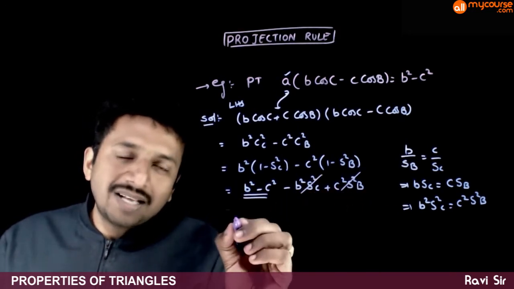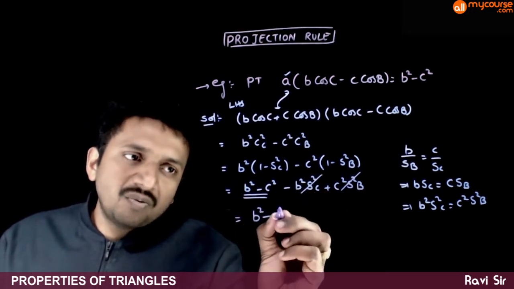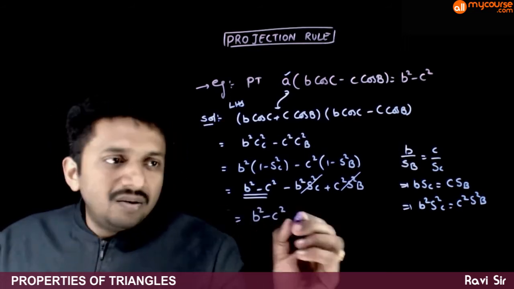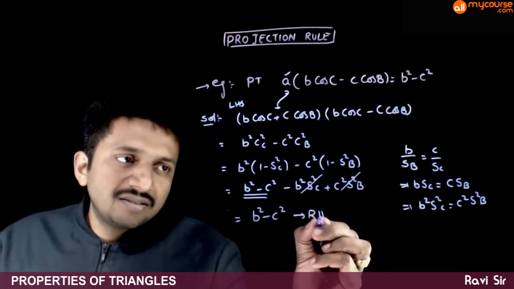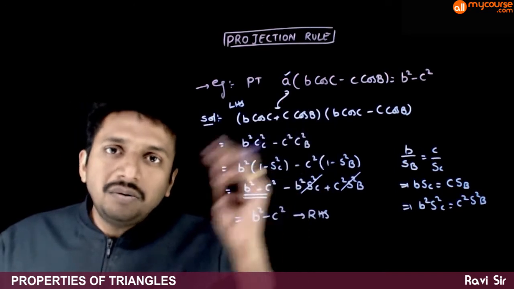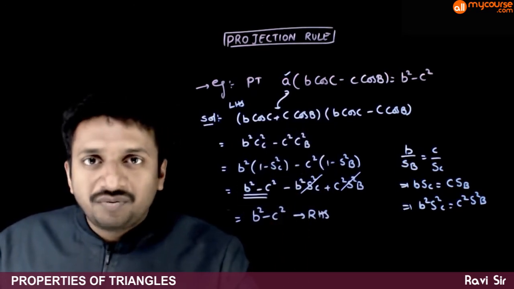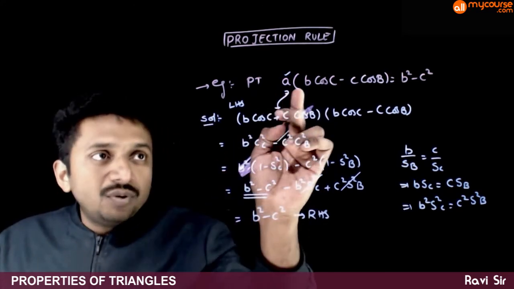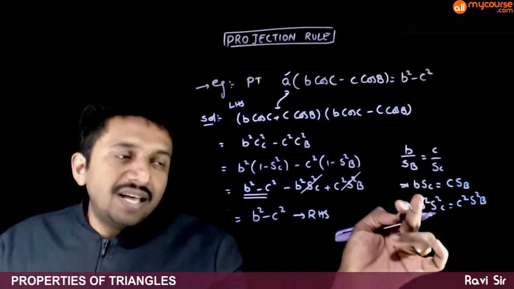So these two get cancelled. So you have B square minus C square, which is the RHS. Hence LHS is equal to RHS, hence the result is proved. So in this question we have used both the projection rule as well as the sine rule.